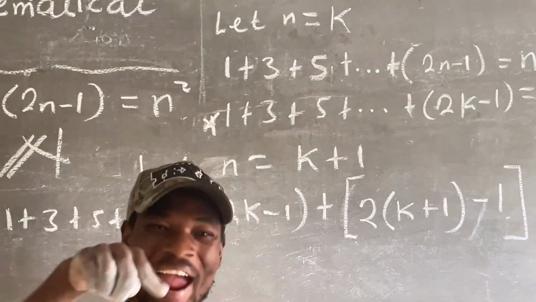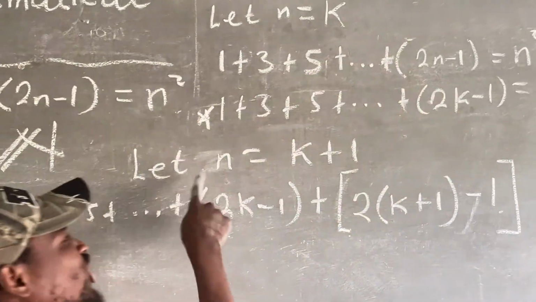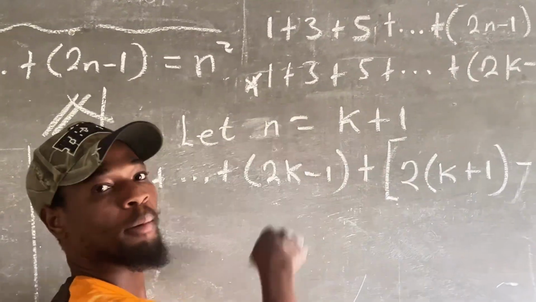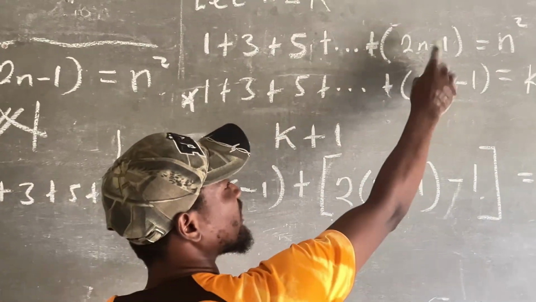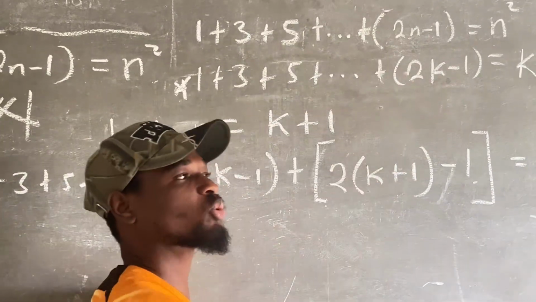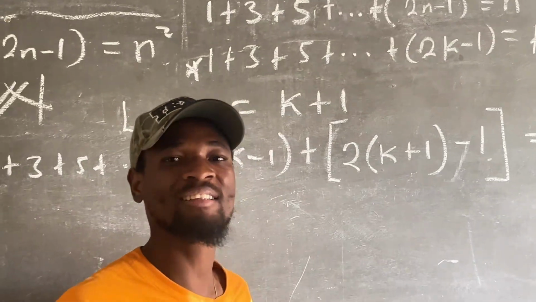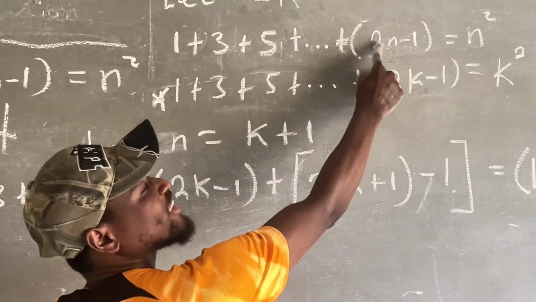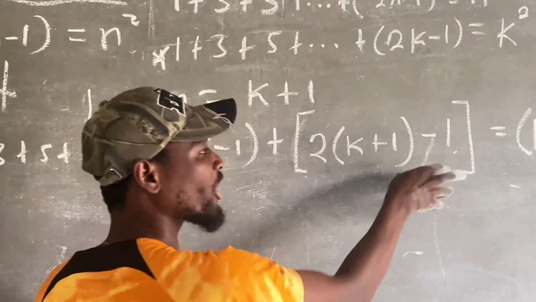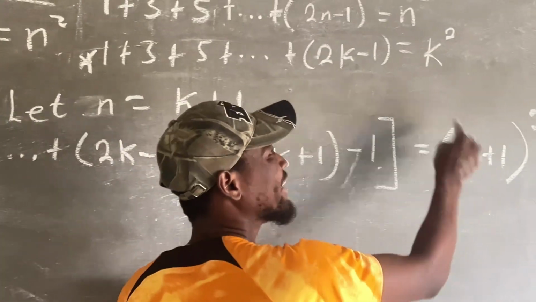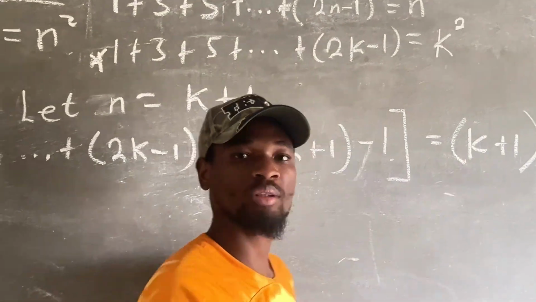Wherever you see your n here, you put your new n, which is k plus 1. So you copy and paste, then plus, then you write 2 times n, where n is k plus 1, and k plus 1, which is your n, is multiplying the 2. So 2 times your n, then minus 1, which is equal to n, which is k plus 1, all squared.